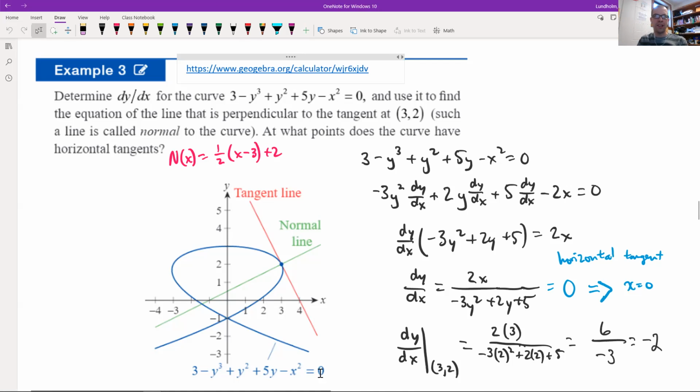Yeah, it totally makes sense for this one that we have a horizontal tangent line. This is interesting. Let's go ahead and put the point (0, -1) in and see what happens. I mean, (0, -1) should be a point that's on this curve.